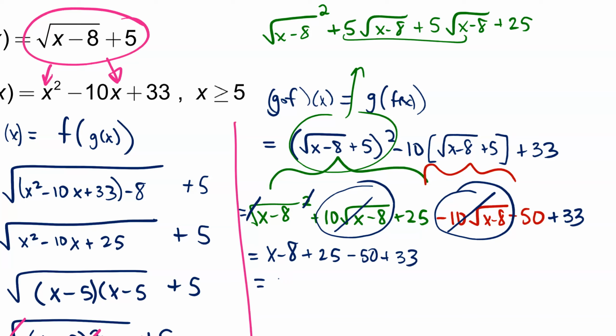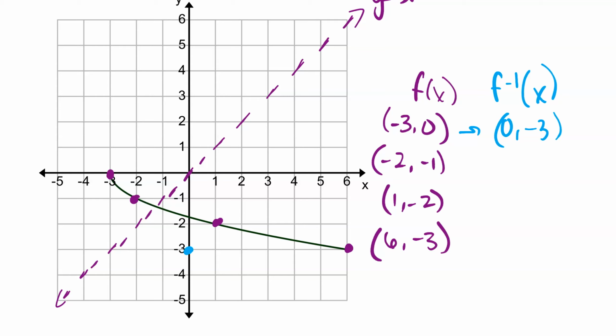Okay, so I picked a couple points. How do I find the points of my inverse function from these points? Do you have any idea? Exactly, flip the x and y. I should have a point at 0 comma negative 3, negative 1 comma negative 2, negative 2 comma 1, and negative 3 comma 6. So I'm flipping all of my x's and y's.